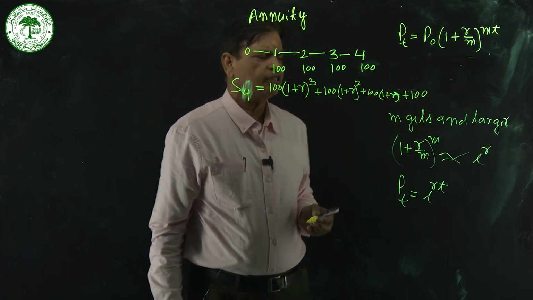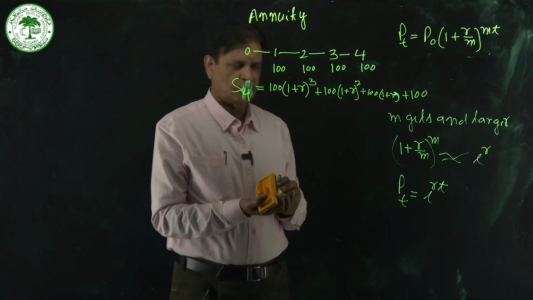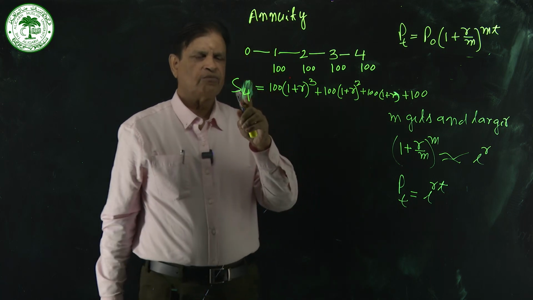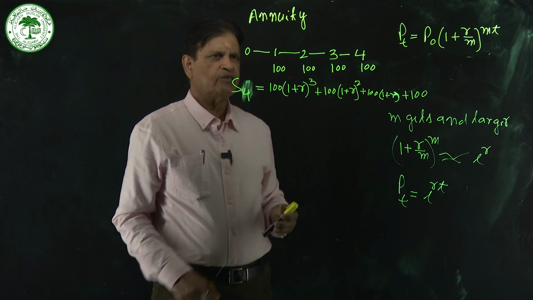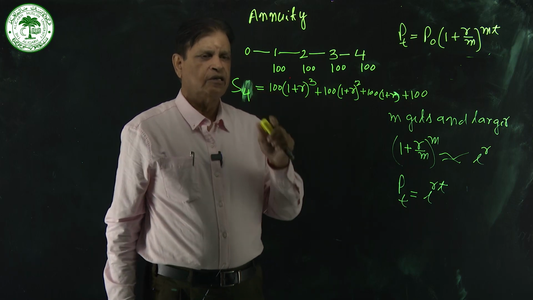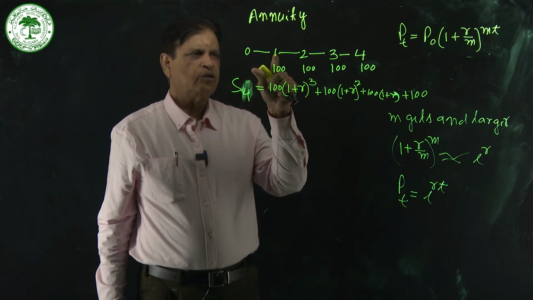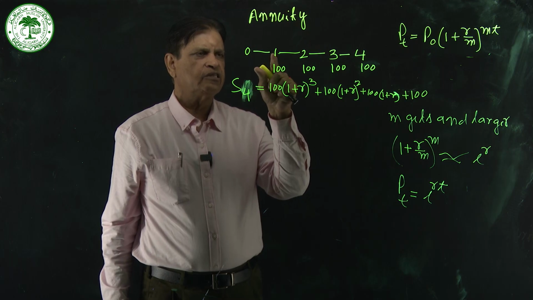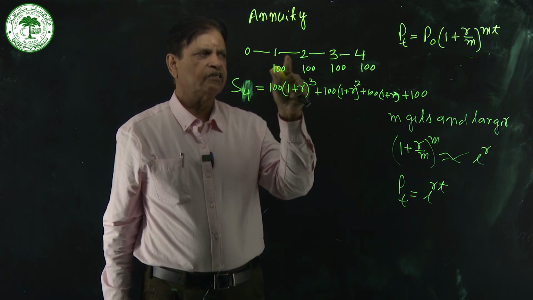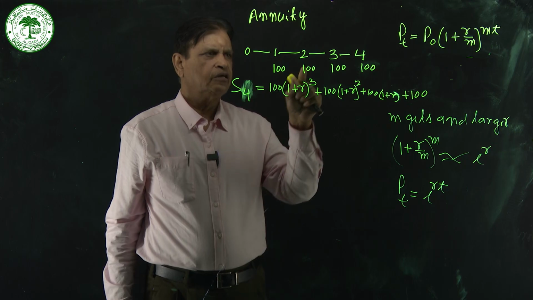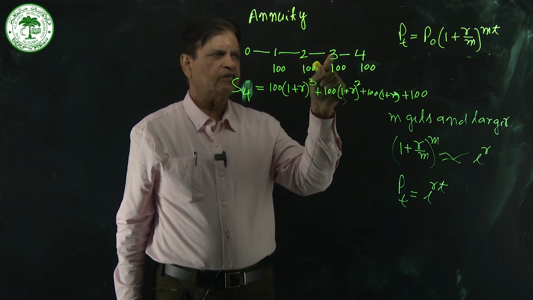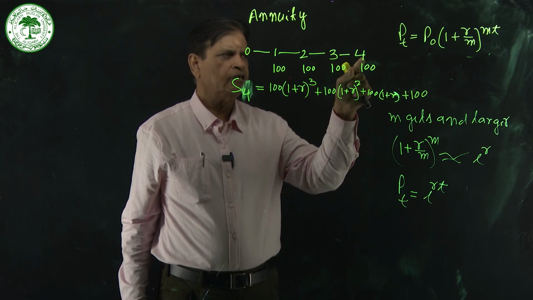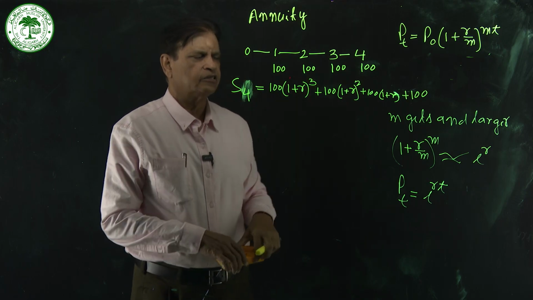There will be no change in that, because you will not get any interest on that. So this is the sum of the 4 annuities that we have received over these 4 years. This amount, 100 rupees, we will get interest for 3 years. This amount we will get interest for 2 years. This one we will get only for 1 year. On this we will not get any interest.